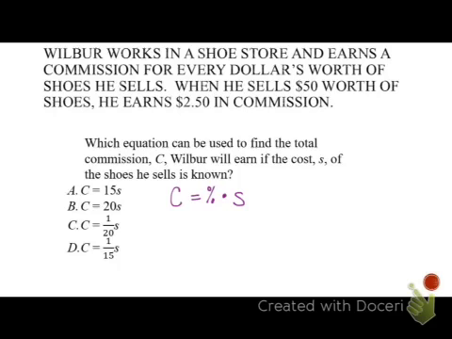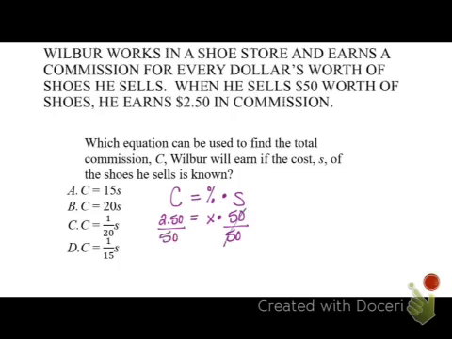If we know that the commission is $2.50 and the sales are $50, we can work backwards to figure out what the percent of commission is. And the way that we would undo the multiplication on the right side, or make that 50 disappear, is to divide 50 on both sides.